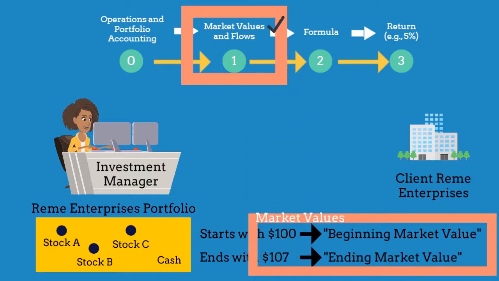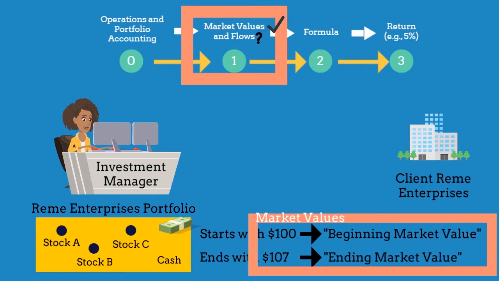Now what about the second input I mentioned, which was flows? Well, flows are when a client, like Remy Enterprises, adds money or takes money out of the account. For example, Remy Enterprises could get extra money they want to invest, so they add money to their portfolio.